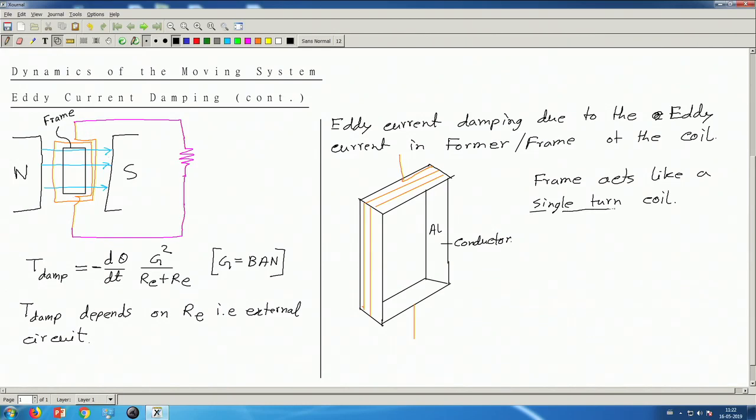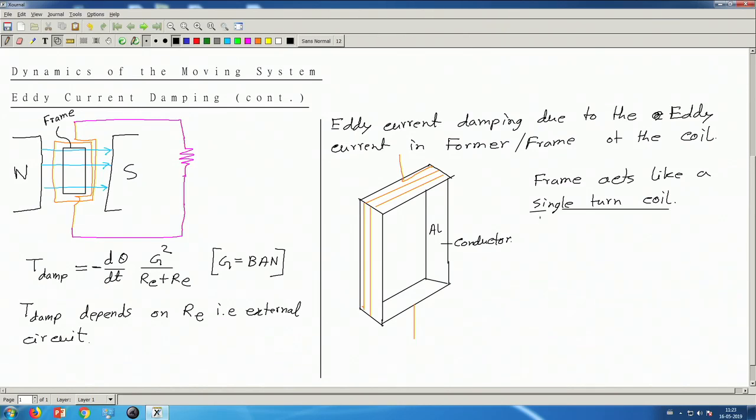Therefore, if this coil is rotating, that means this former frame is also rotating, because the coil is attached to the frame. If the moving system is rotating, then the single turn coil, that means the former, will have some EMF induced, and that EMF will cause some current to flow through this single turn coil.